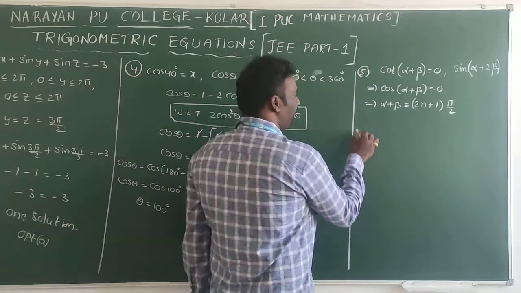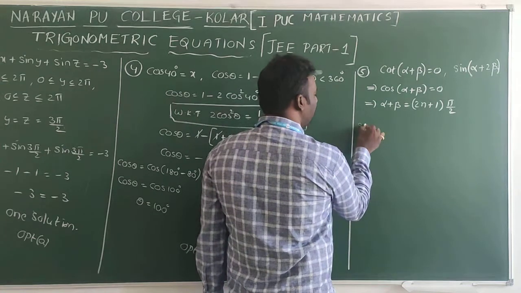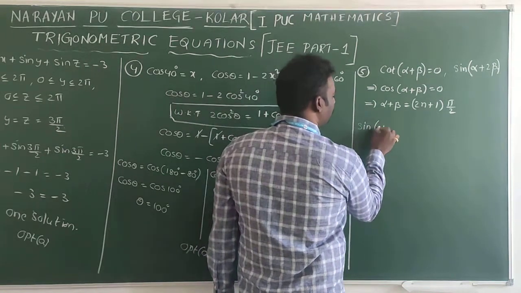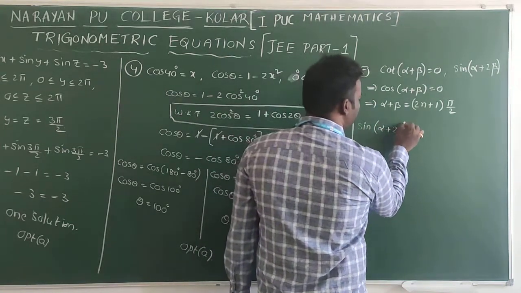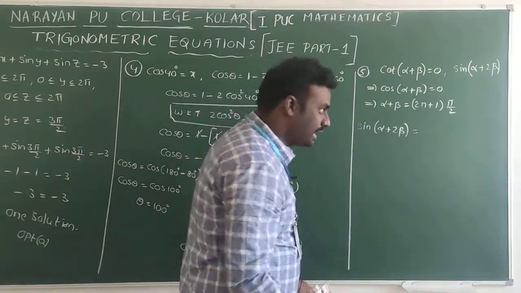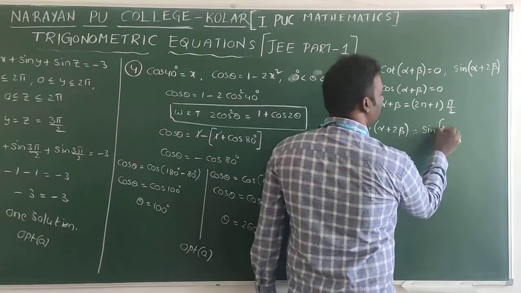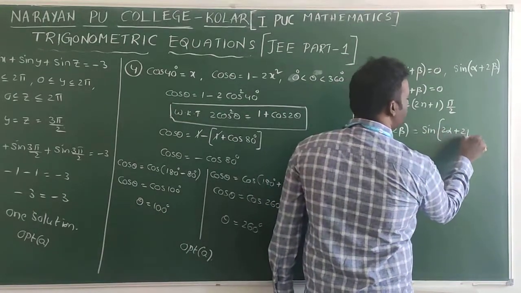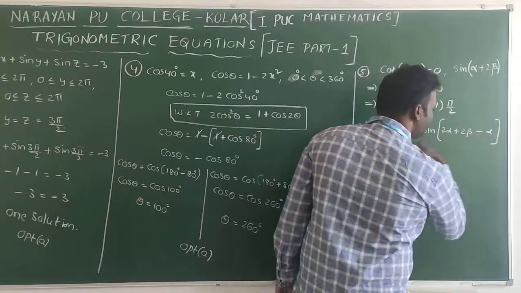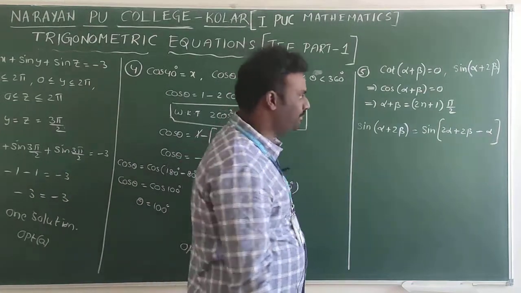I can write sin of alpha plus 2 beta. This can be written as sin of 2 alpha plus 2 beta minus alpha, because both are same.